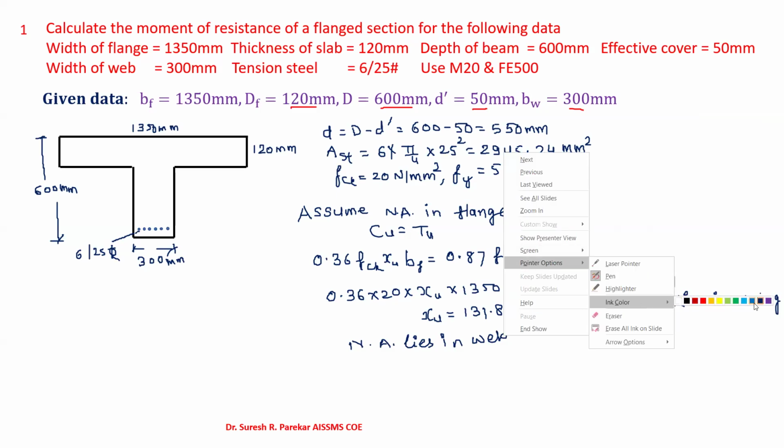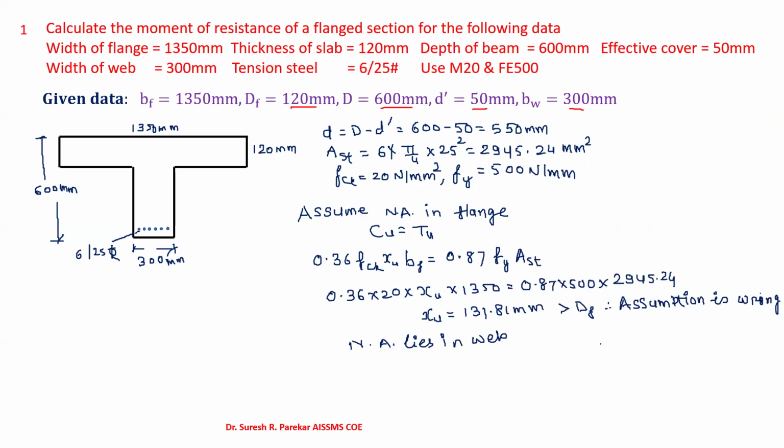The first condition we will consider is 3 by 7 of xu is greater than Df. If we have this condition, then our flange has constant stress, which is 0.446, that is 0.45 fck.